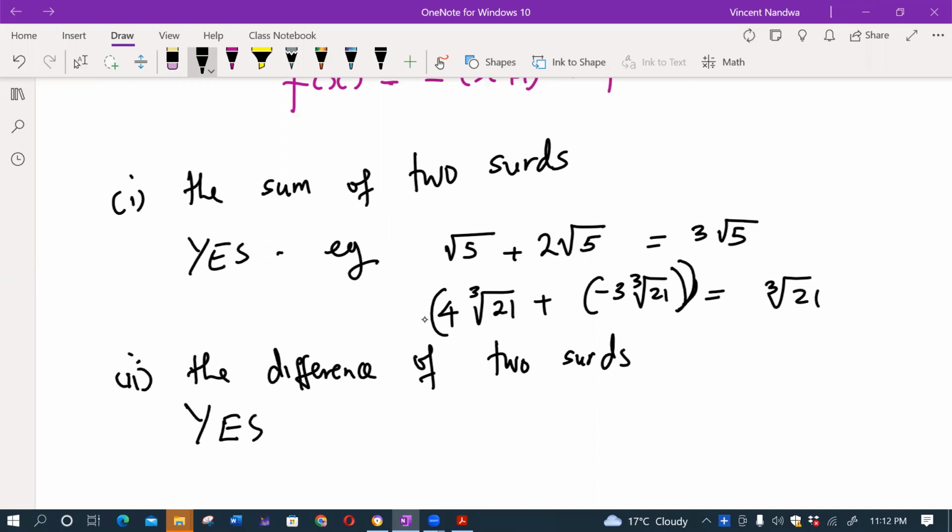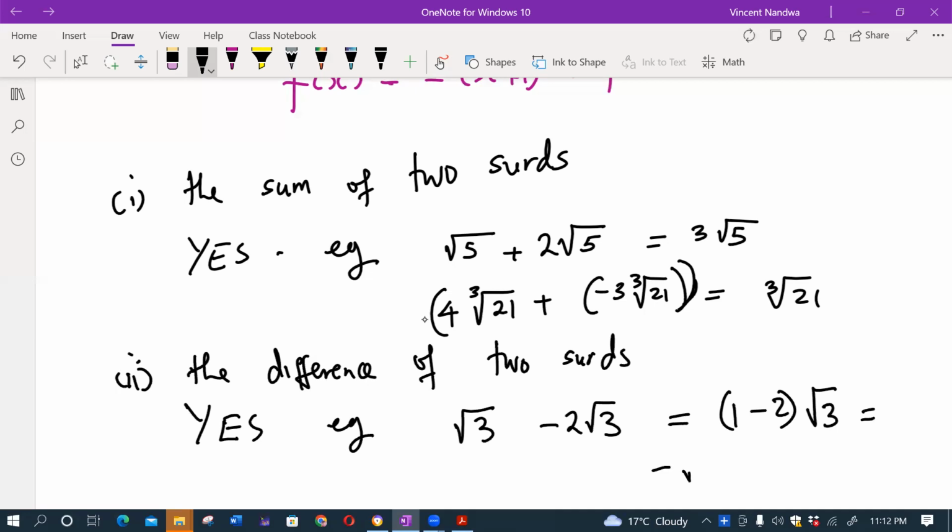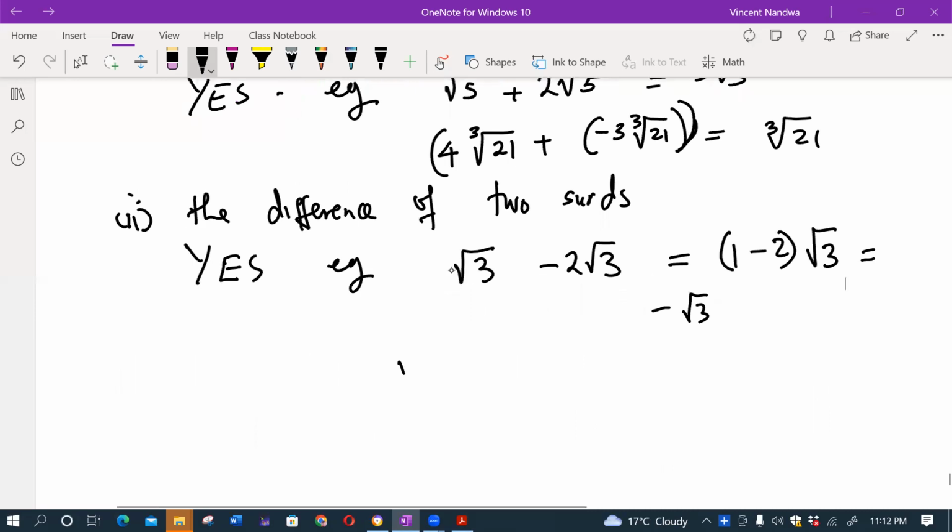For example, if I have square root of 3 minus 2 root 3, this will give us 1 minus 2 root 3, which is the same as negative root 3, which is a pure surd. Or even if you have root 5, 2 root 5 minus root 5, we get root 5, which is still a pure surd.